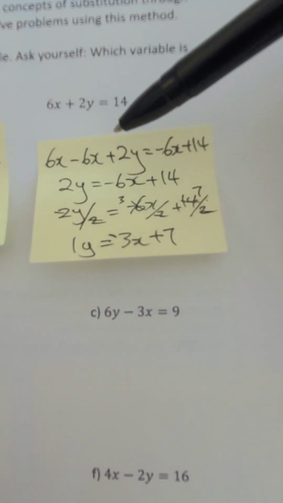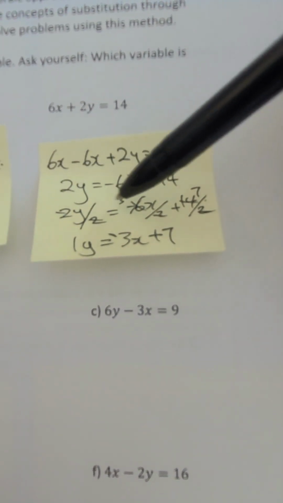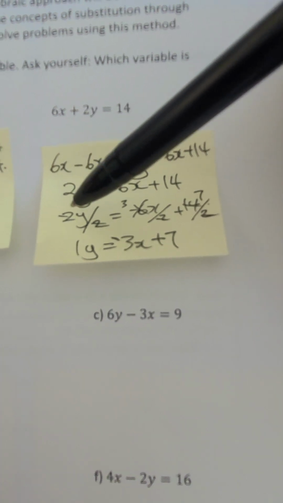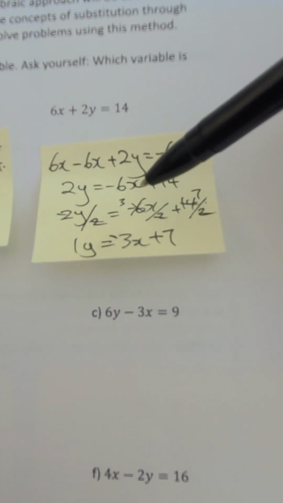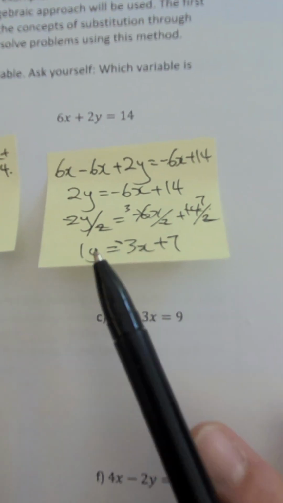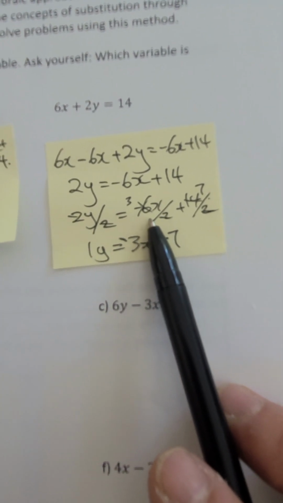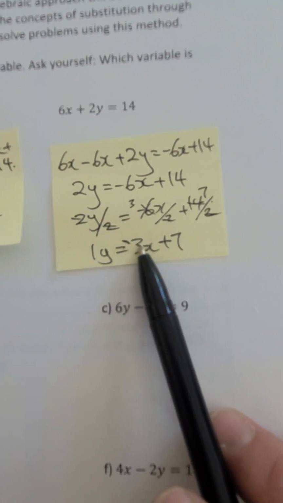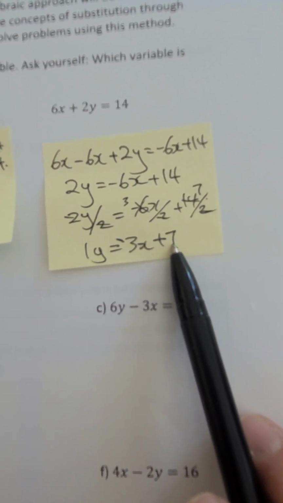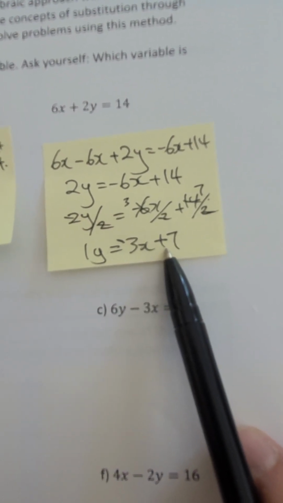I subtract 6x on both sides. So now I have minus 6x on this side here. To get rid of the 2, I'll need to divide every term by 2. So 2 divided by 2 gives me 1. Minus 6 divided by 2 gives me minus 3. Plus 14 divided by 2 gives me 7. So that's what I'll get if I isolate y instead.